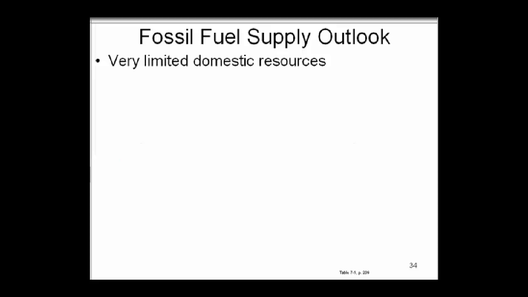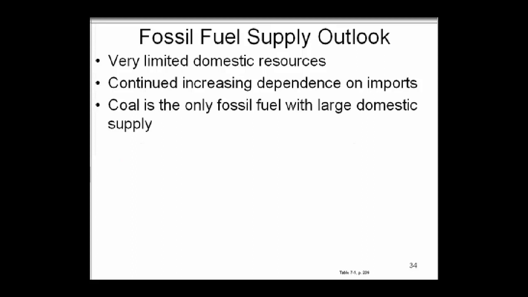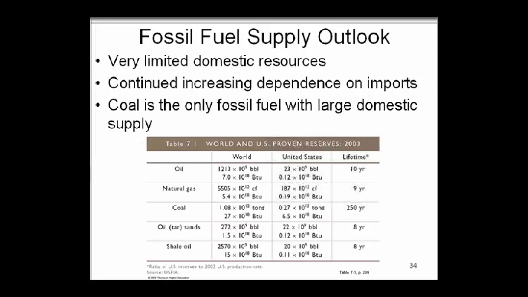The outlook for fossil fuels in general is very grim for domestic sources. We're going to have increasing dependence on imports, both in oil and natural gas. And it's been noted repeatedly that we do have a rather large, and probably the largest, supply of coal in the world as far as domestic supplies go.